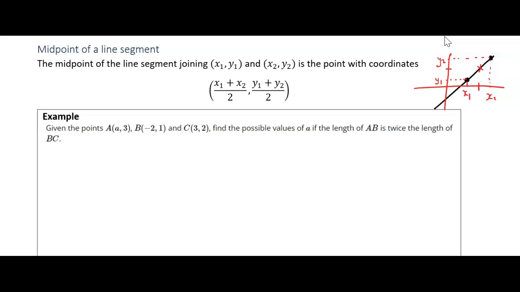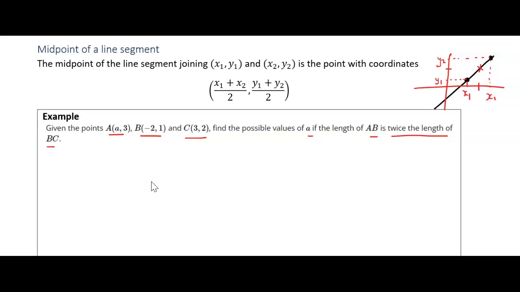All right, so in this example, we've got points A, B, and C. Find the possible values of A if the length of AB is twice the length of BC.